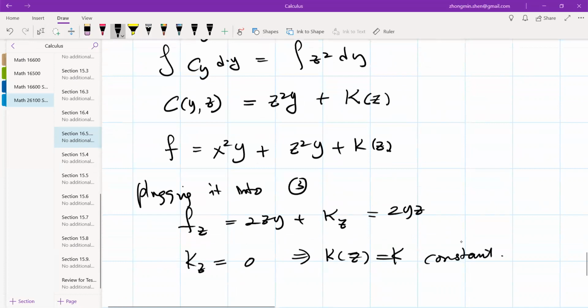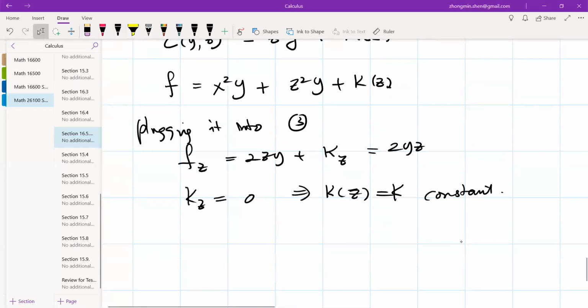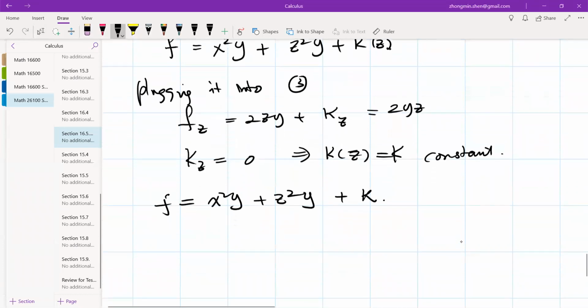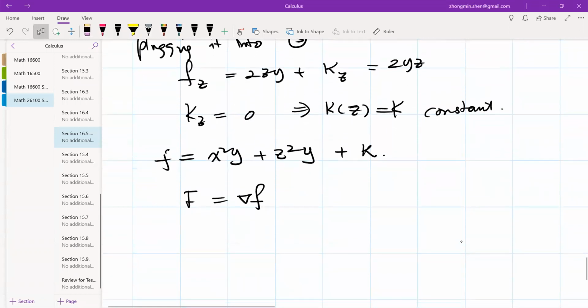So finally, my solution is f equals x squared y plus z squared y plus k, and it satisfies these equations. So f is conservative.